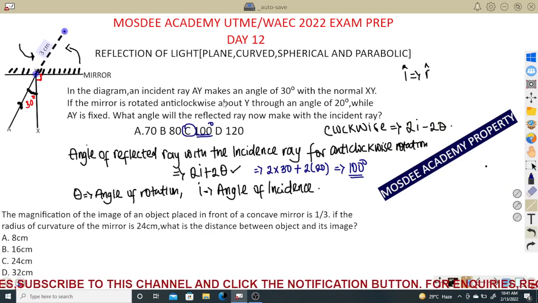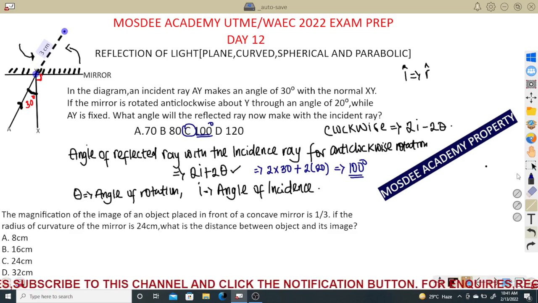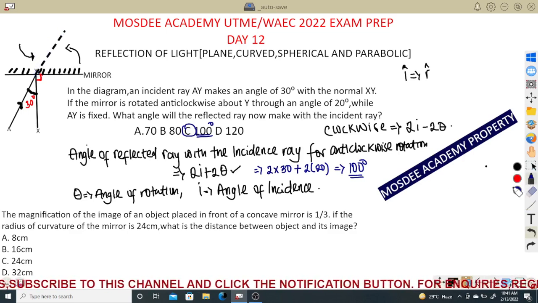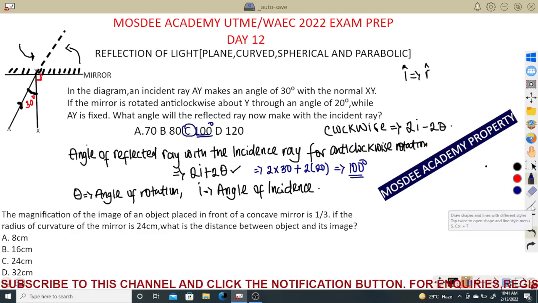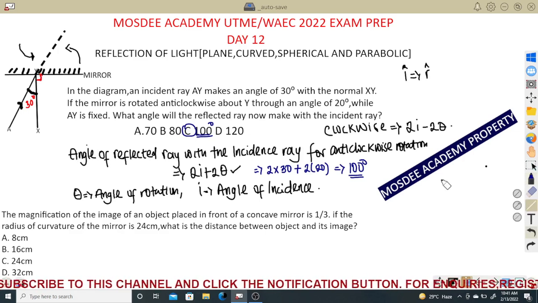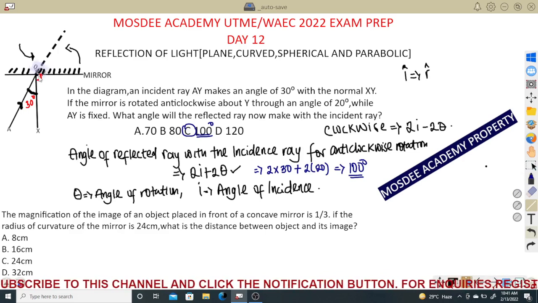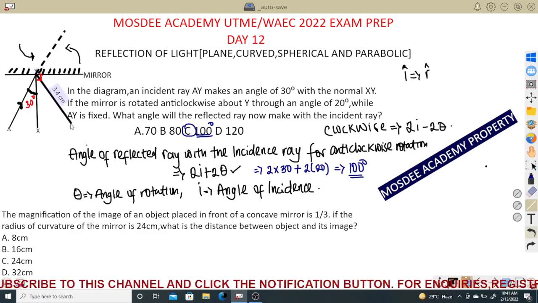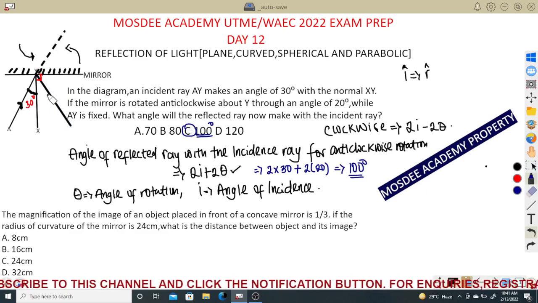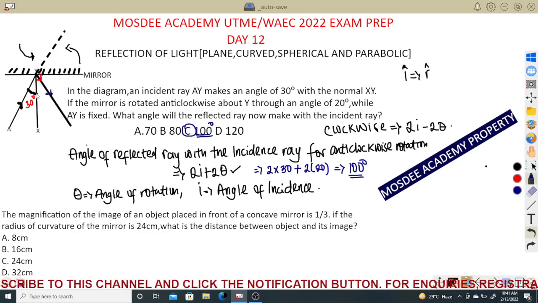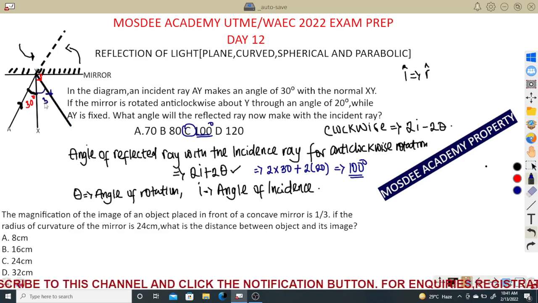In WAEC, most of your questions are direct questions, and that is why it is very easy to pass. We know it will be reflected along the same path with the same angle. Just for illustration's sake, if this is the reflected ray, I'm showing you another way for those of you who love to know everything. This is also going to be taught as you have studied.